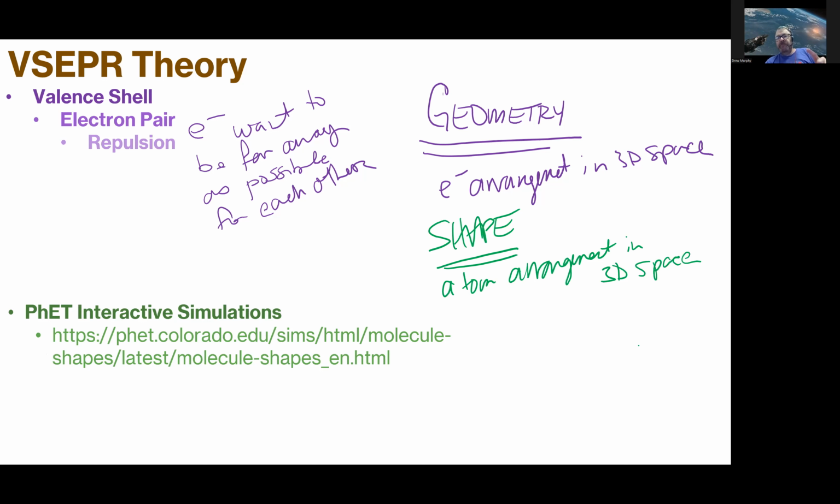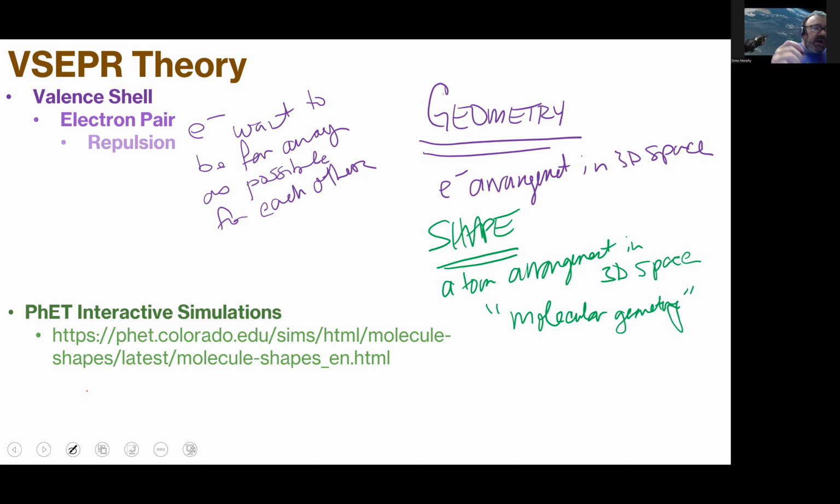Sometimes we refer to shape as molecular geometry. But that's awful. Electron geometry, molecular geometry, it's just too much use of the word geometry. So geometry is electron geometry, shape is molecular geometry, and we're going to try to keep things together along those lines.